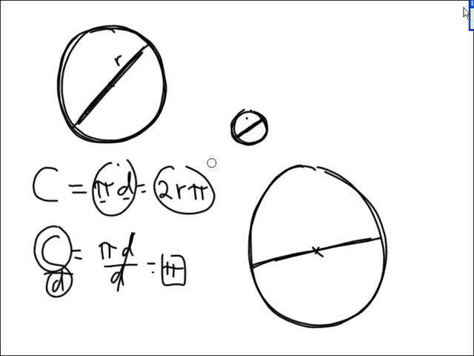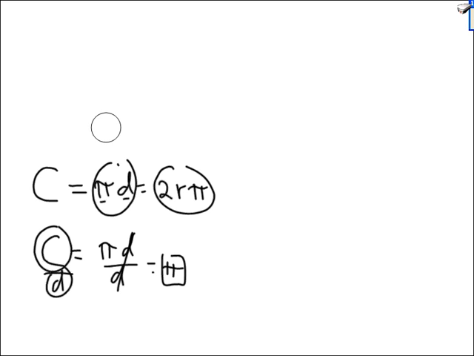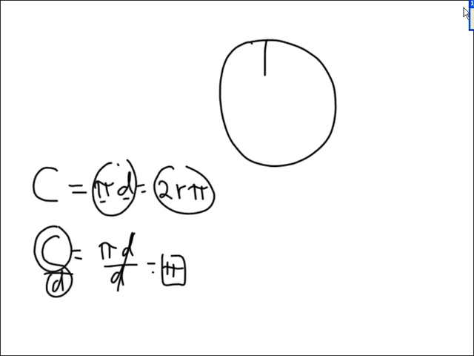Okay. In this section, there's really only one formula that we are going to talk about, and that's the arc length formula. For example, if this is the center, so we have our central angle, and the radius is r, how big is this arc length? How big is that portion of the circumference?